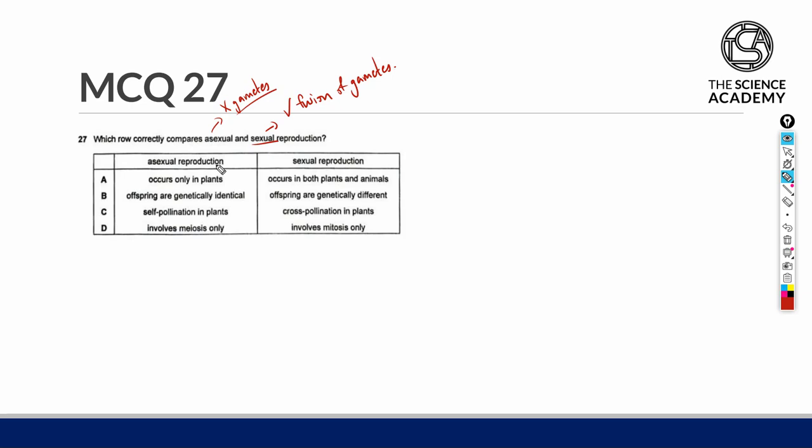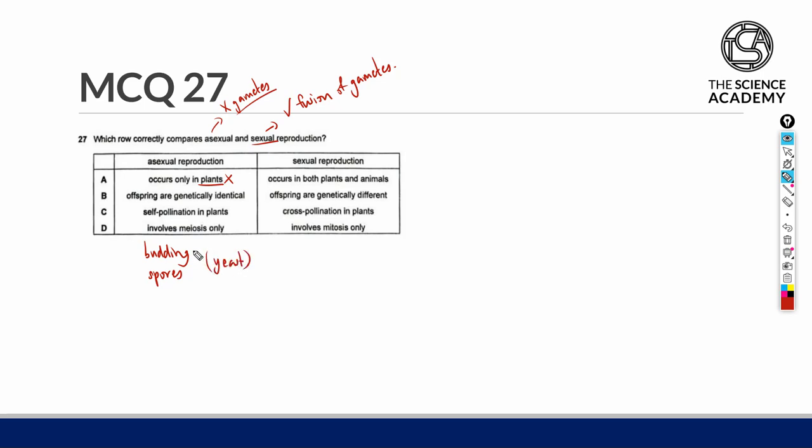In asexual reproduction, option A states that it occurs only in plants. This is not true. Some examples of asexual reproduction include budding or generating spores, and some other organisms that are not plants that are capable of these modes of asexual reproduction include microorganisms like yeast.